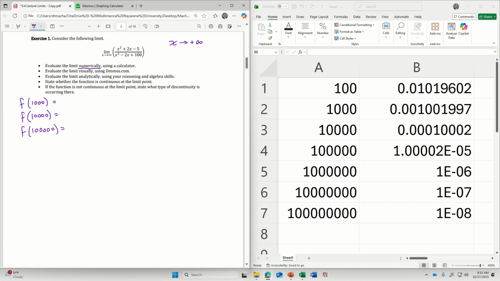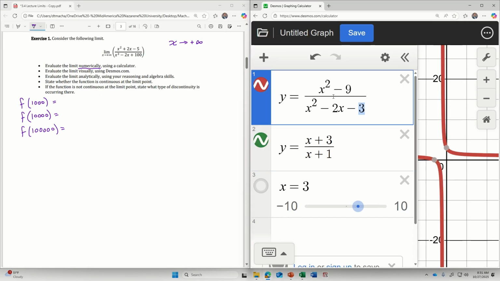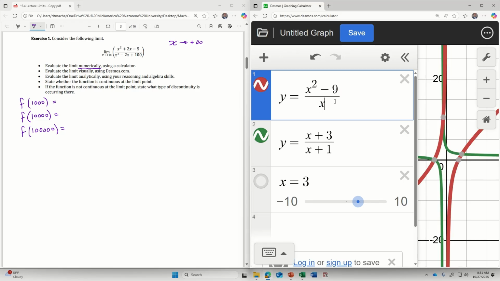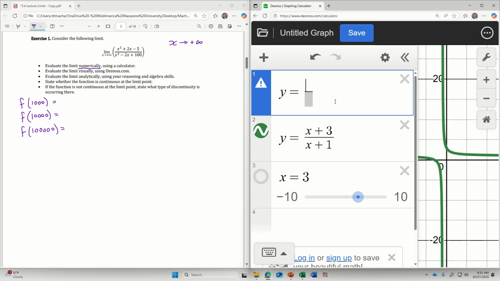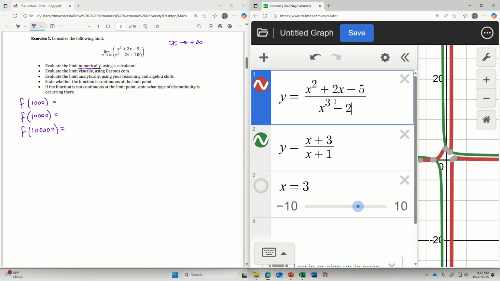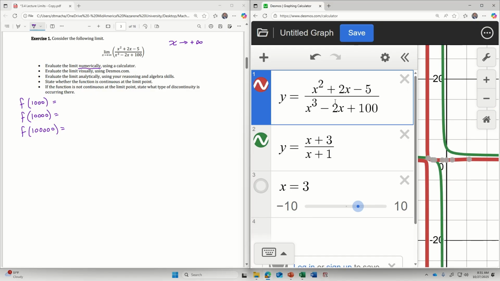Now let's evaluate this limit visually. And visually is going to mean going on Desmos.com and typing in x squared plus 2x minus 5 over x cubed minus 2x plus 100.